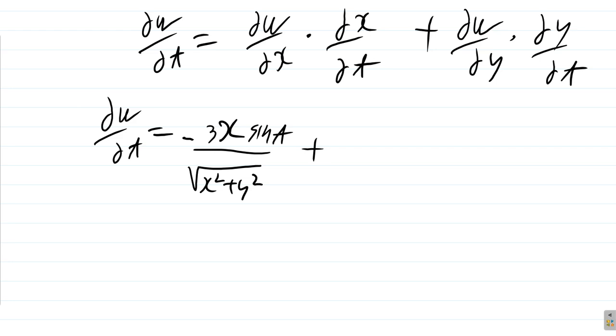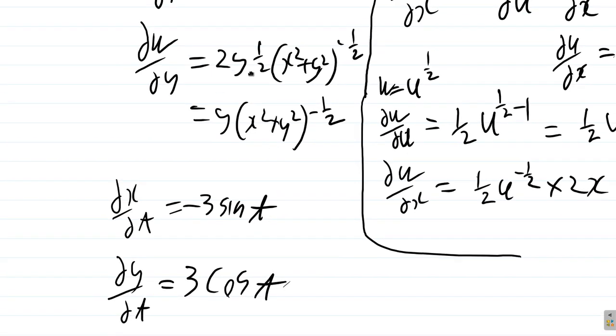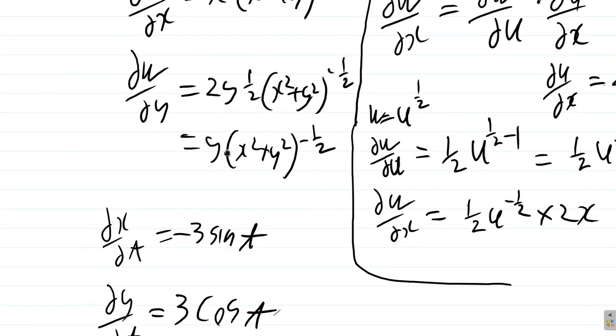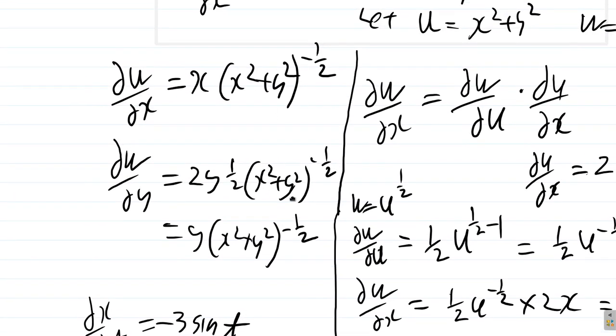You have partial w by partial y. This is going to be y times 1 over the square root of x squared plus y squared. What will happen to this is the same thing that happened to this up here, the x.